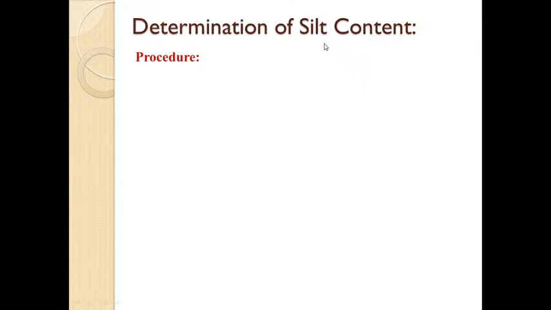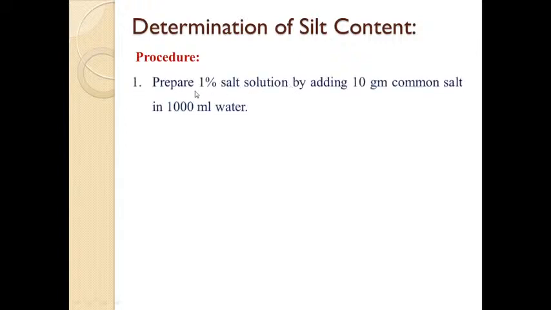So let us see the procedure first. Prepare a 1% salt solution by adding 10 gram common salt in 1000 ml water. Firstly we have to prepare the salt solution.